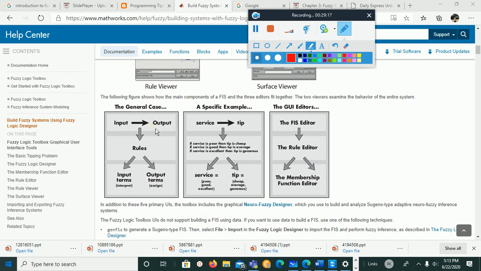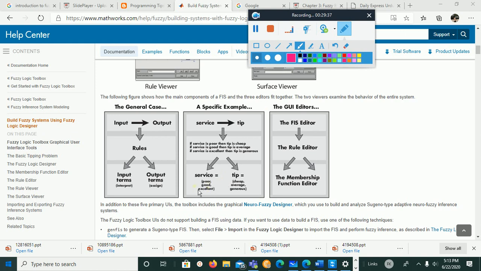The example is that we have a service of a restaurant where the food has to be served.